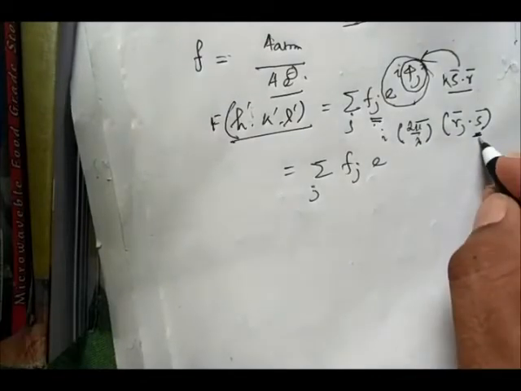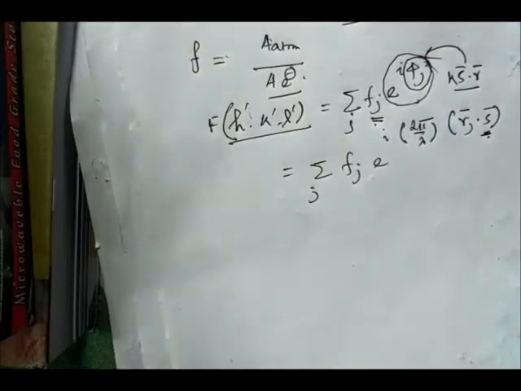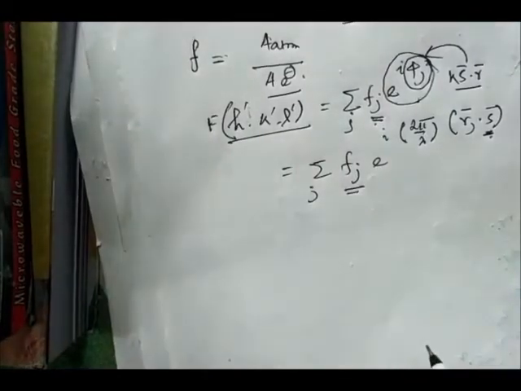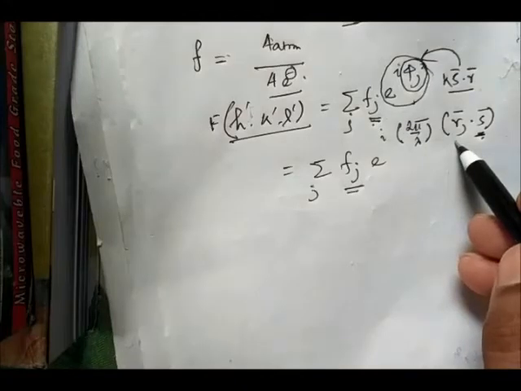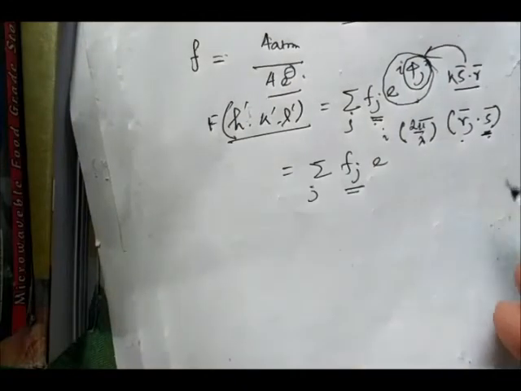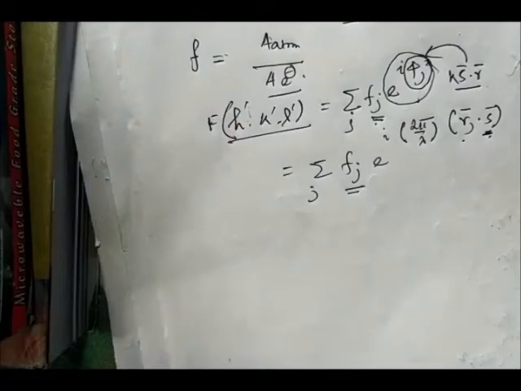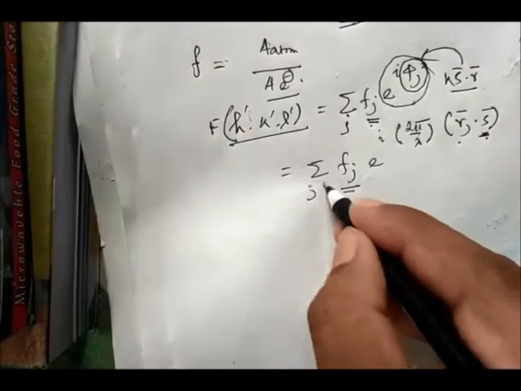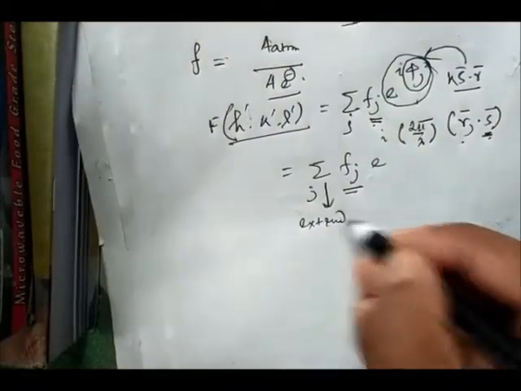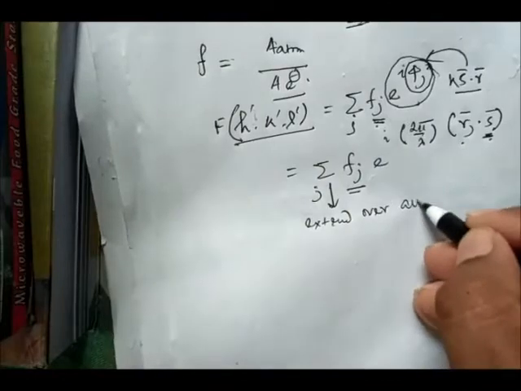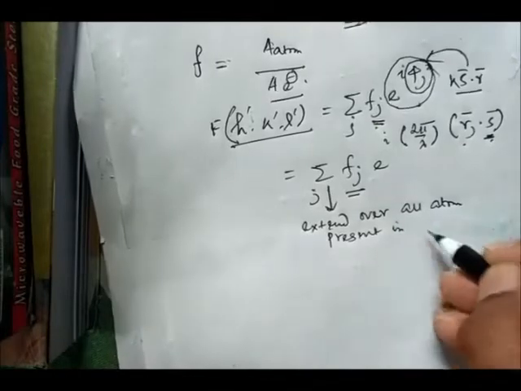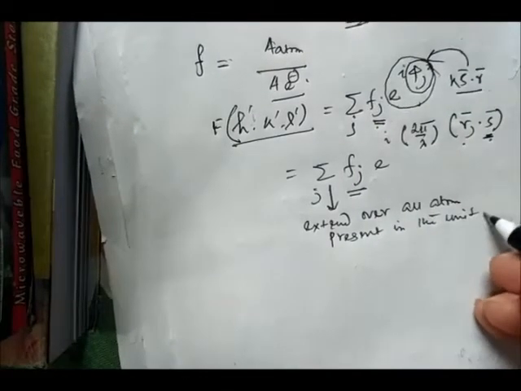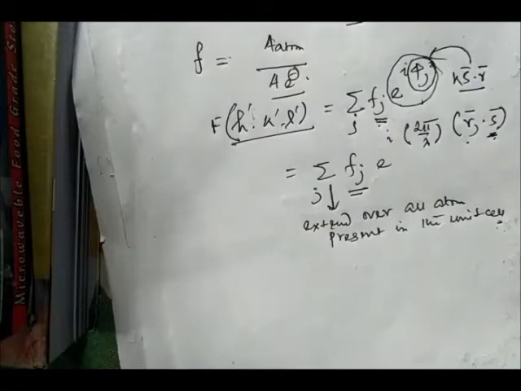So s is the normal on the plane, where fj is the atomic scattering factor and rj is basically the position of the jth atom, right? This summation extends over all atoms that are present in the unit cell.